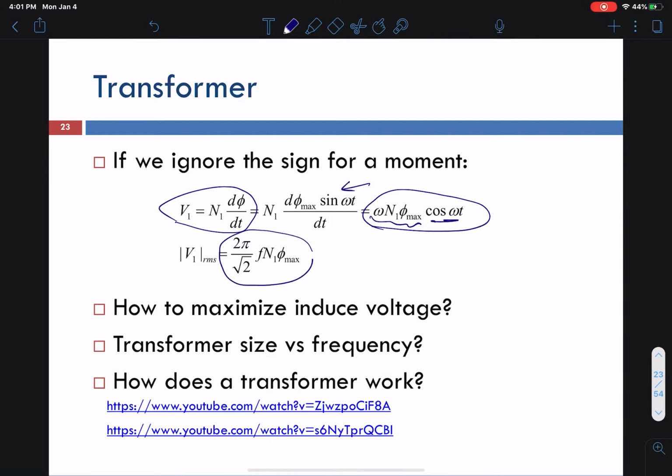If you look at the magnitude of the voltage, it depends on basically three different parameters: your flux, your number of turns, and frequency. So you can easily see how to maximize the induced flux, and also what the difference is between frequency and size. We're going to talk about that in the class, and we're also going to show how a transformer works.